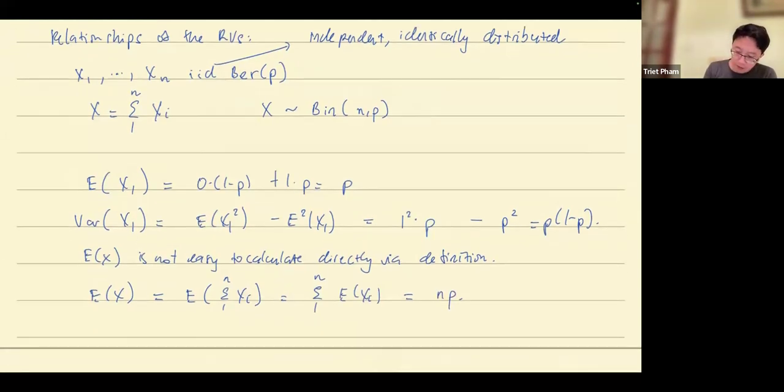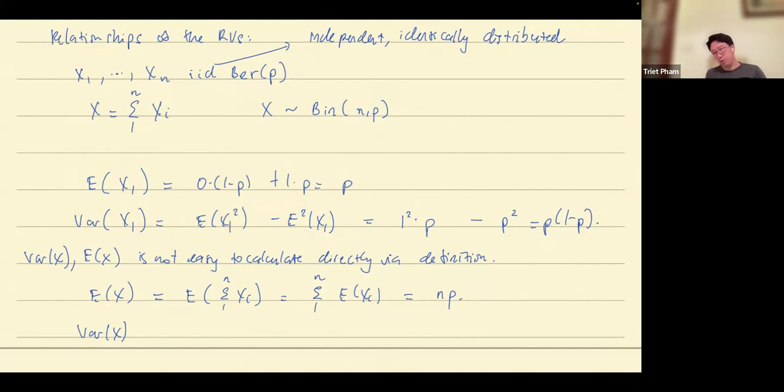Not only that. If expectation is not easy to calculate directly via definition, then you can bet that variance is along the same way, if not harder, because variance is the expectation of the square minus the square of the expectation.